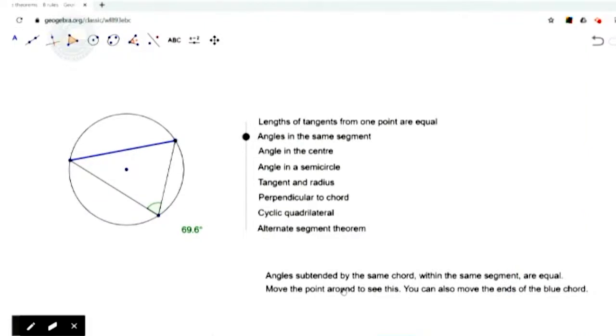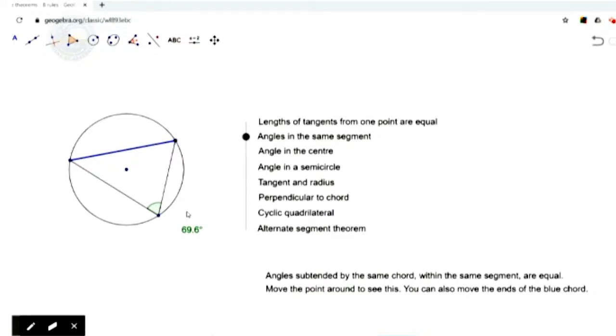So when it comes to this rule, it says that the angles subtended by the same chord within the same segment at the circumference are equal. So every single angle subtended by the same chord within the same segment at the circumference are equal. And what does that mean?